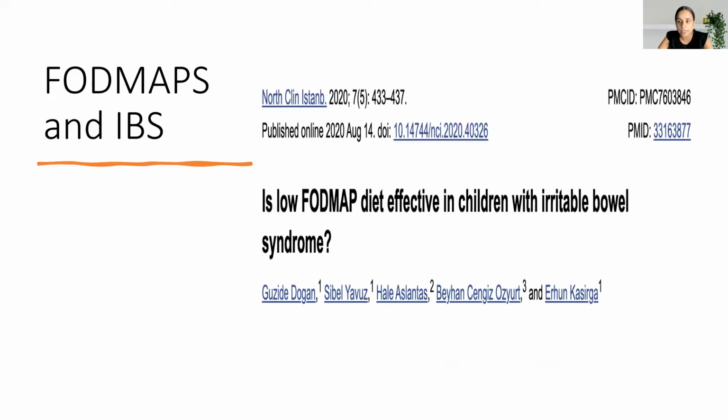Finally, there was a retrospective study to examine the use of low FODMAP diets in children with IBS, and 79% of the participants reported an improvement of symptoms on a low FODMAP diet, with fructans identified as the most common symptom-causing carbohydrate. The authors again concluded that a low FODMAP diet is a useful dietary treatment strategy for children with IBS.